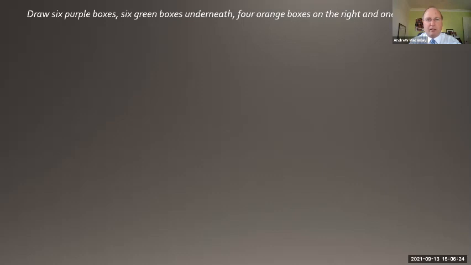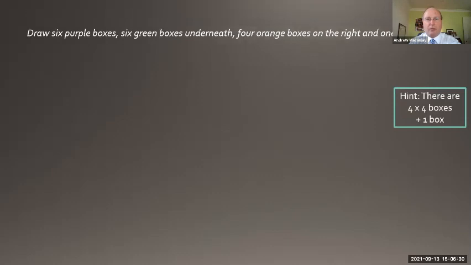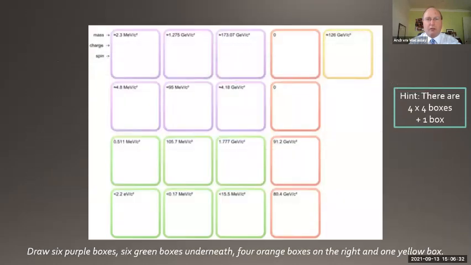But the idea of the colours is to separate out the different categories. So the 4x4 boxes and 1 box on the side look like that: 6 purple boxes, 6 green boxes, 4 vertical orange boxes, and 1 yellow box.